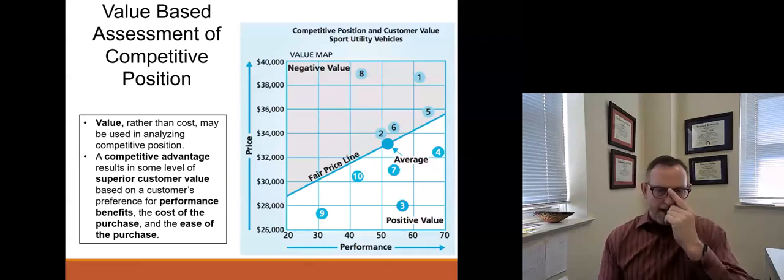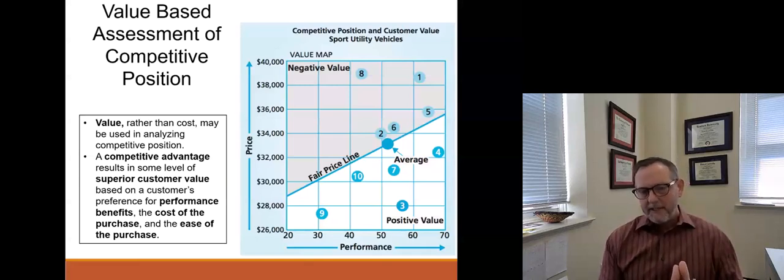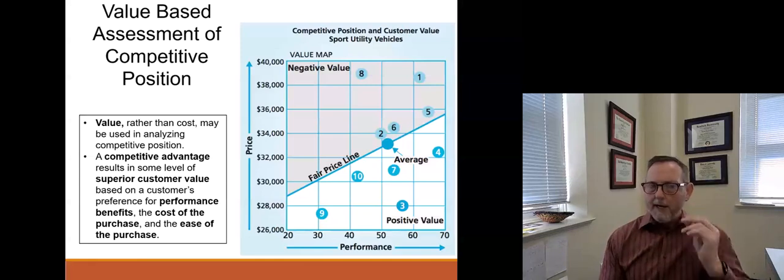When we look at that market-based advantage, we talked about this thing where the customer's cost and the benefits they receive based on what they pay need to be in line with each other. And so what we have here is a display of price, so that's what the customer would pay, and this is for just a generic sports utility vehicle.